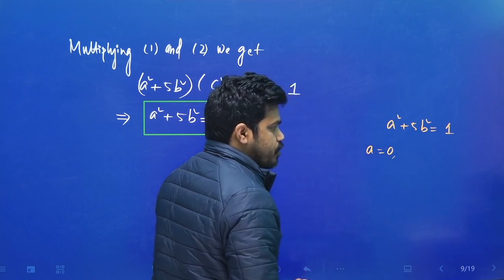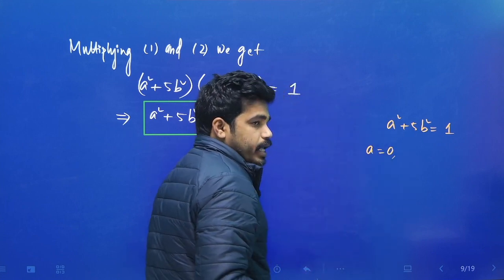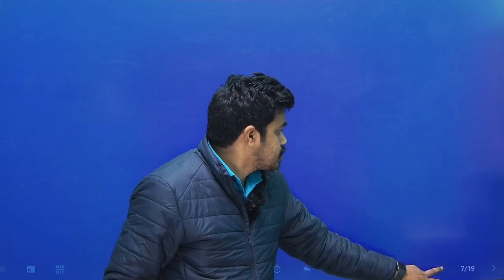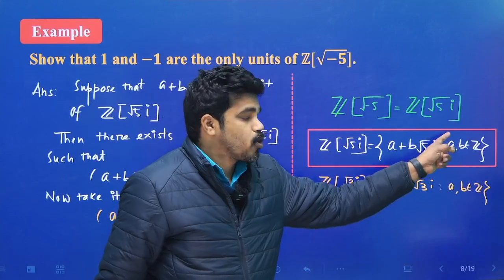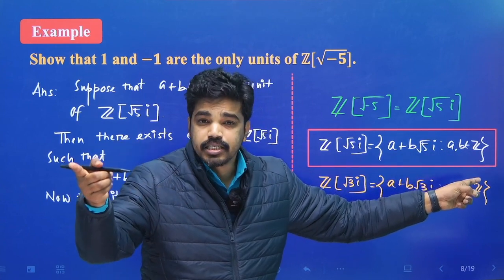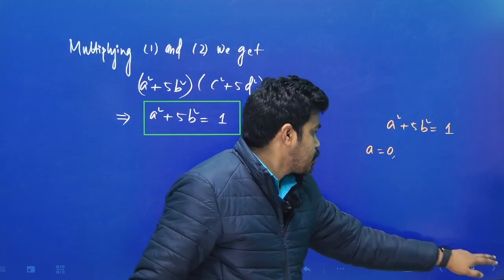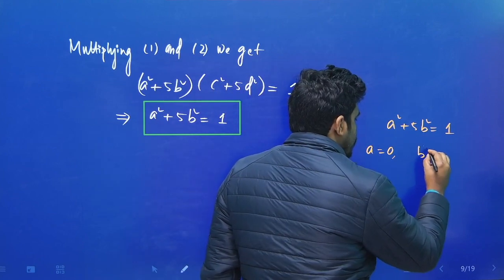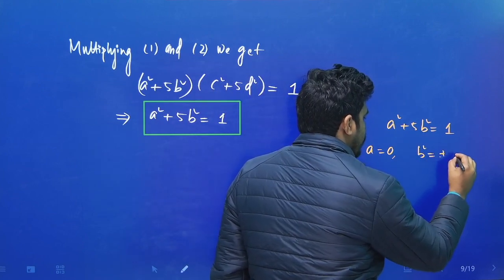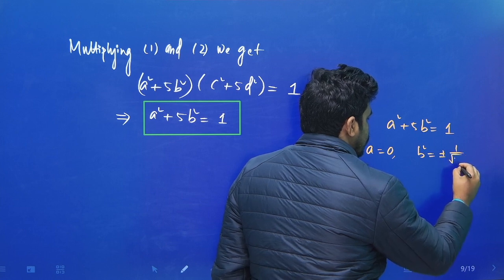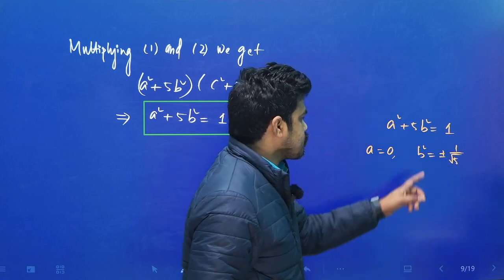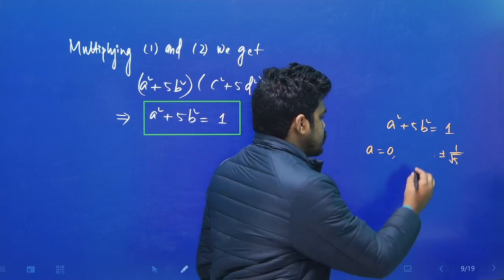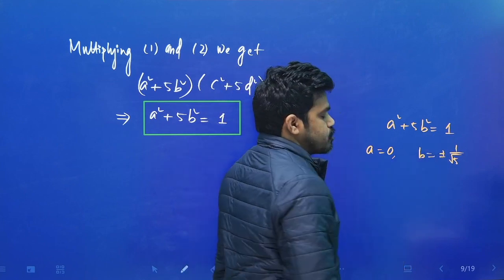Here a and b are integers, right? a and b belong to Z. If you choose a equal to 0, then b square is equal to 1 by 5, that means b is equal to plus minus root over 1 by 5.